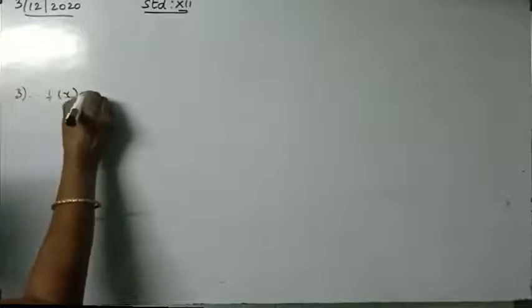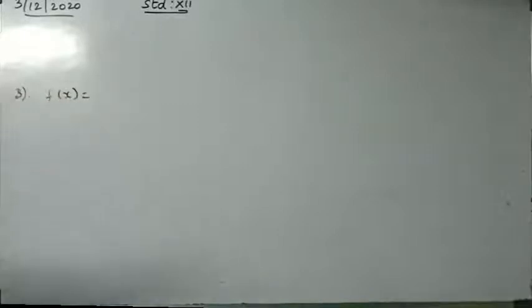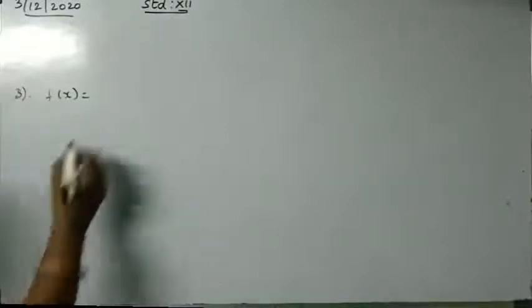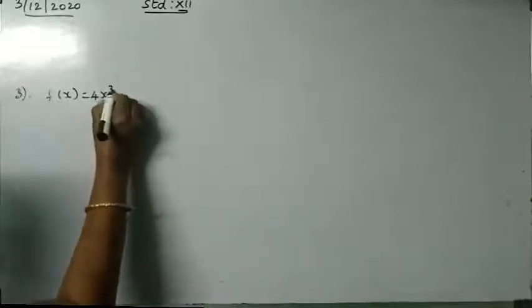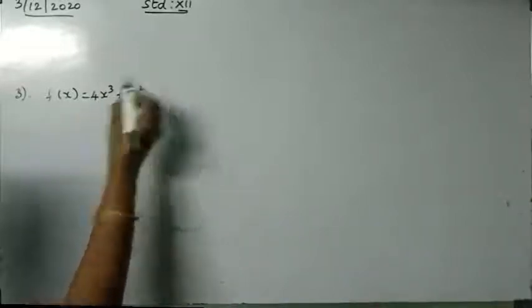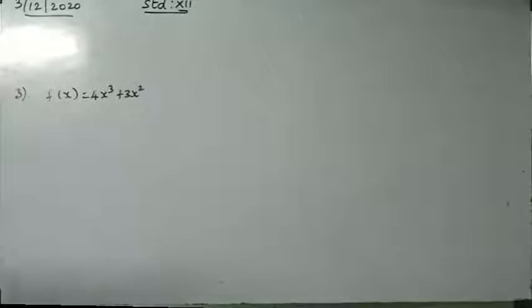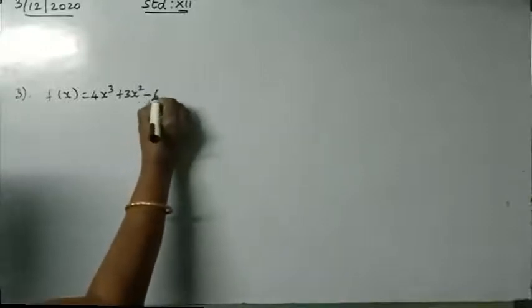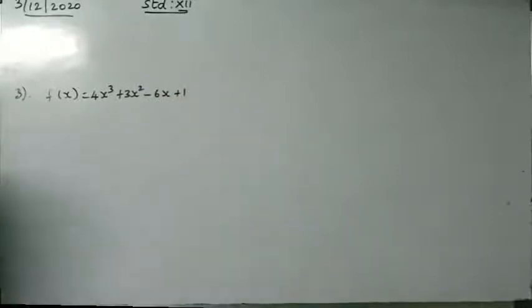So let me take f of x is equal to 4x cube plus 3x square minus 6x plus 1. For this function, first find the intervals of monotonicity and local extrema.